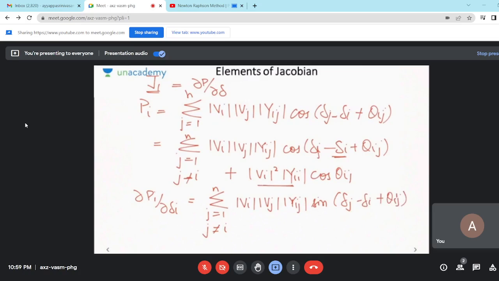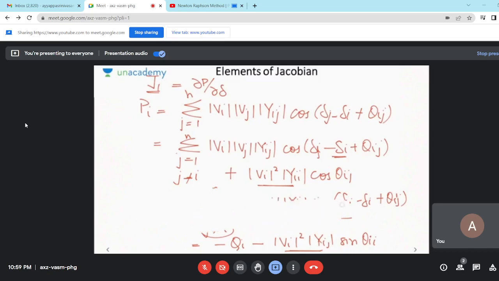Now if we wish to write it in a more compact form, this form resembles Qi. So it will become minus Qi minus mod Vi square mod Yii sine theta ii. I have added and subtracted this term so that the condition j is not equal to i goes away, and this becomes minus Qi. That is how we have arrived at the diagonal element.